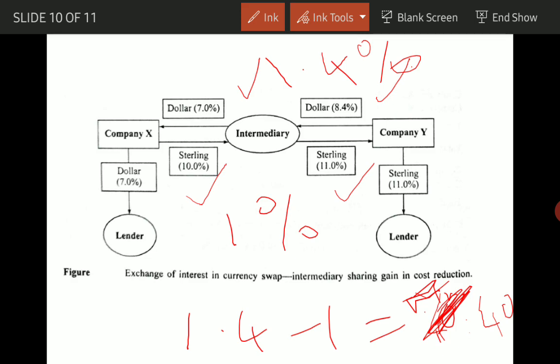So in this way the three parties to the contract are making profits through this swap deal.